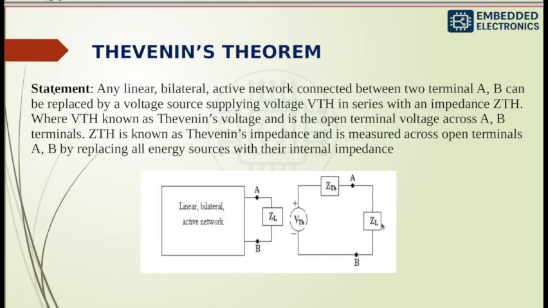VTH means Thevenin's voltage, and it is the open terminal voltage across terminals A and B. ZTH means Thevenin's impedance. It can be measured across the open terminals A and B by replacing all energy sources with their internal impedance.